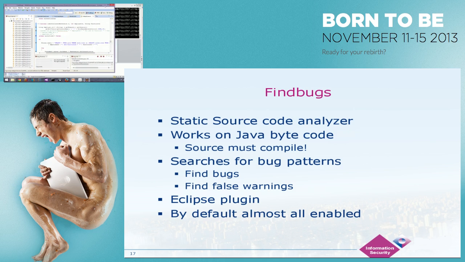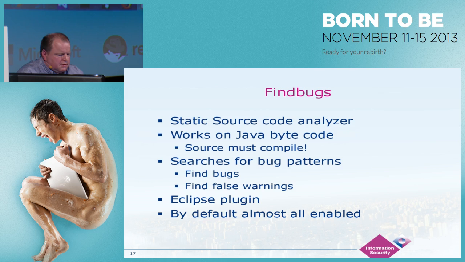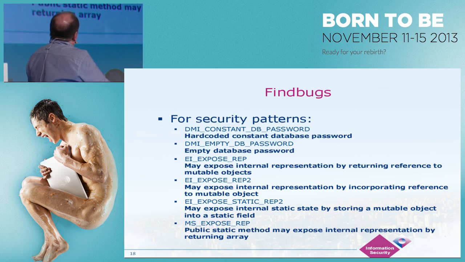Okay, so what do you do with your Findbugs? Well, I advise you, only for security reasons, to enable these patterns. Well, these patterns, may expose internal representation by returning reference, are mostly for libraries, when you're developing Java libraries.